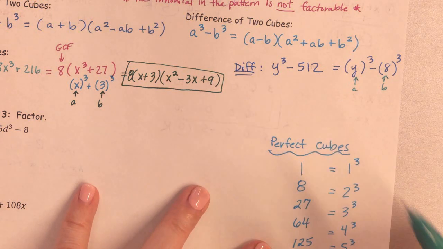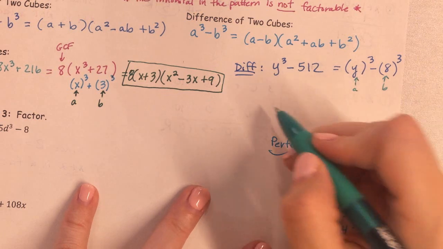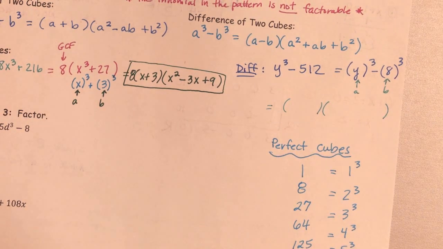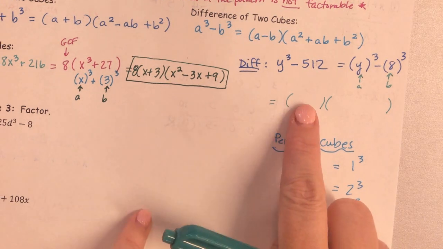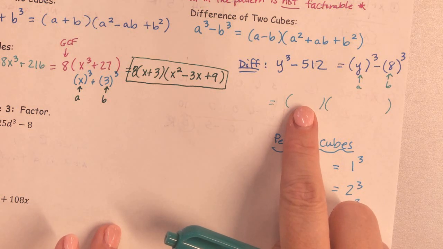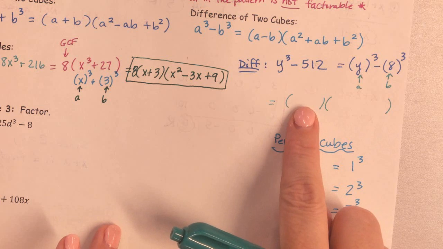Do you guys think that you could write it? Okay, let's try it. So remember, you have the little parenthesis and then the trinomial. Can you tell me what's going to go in the first parenthesis?